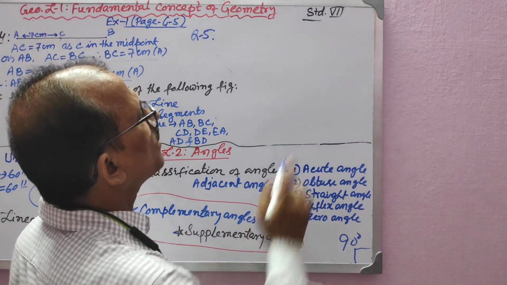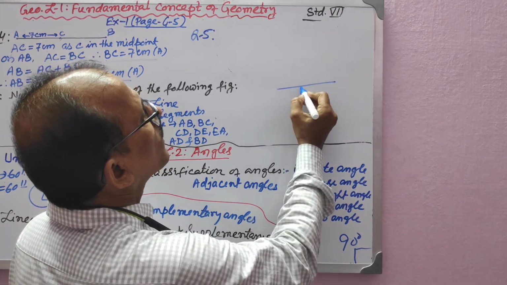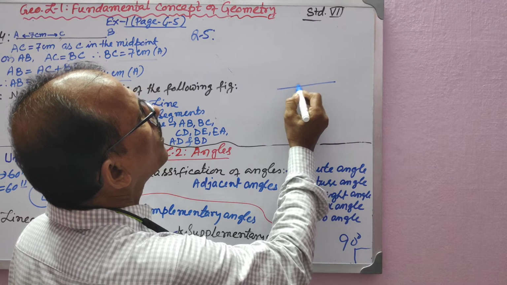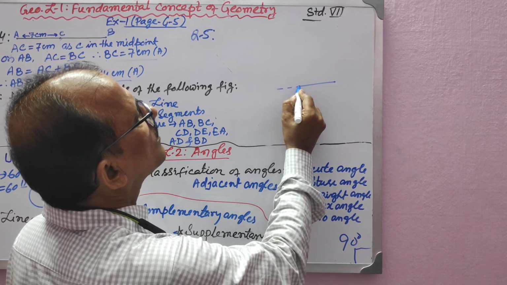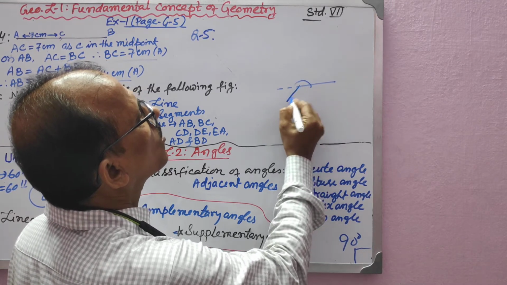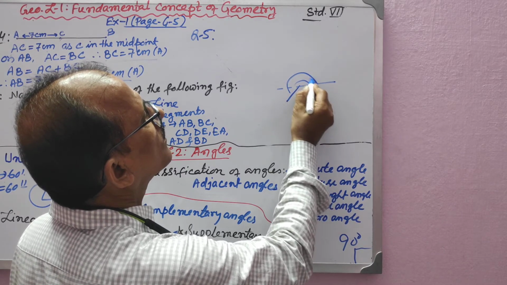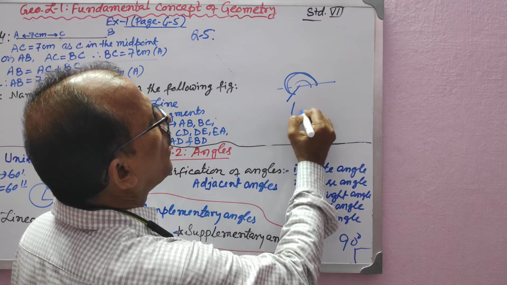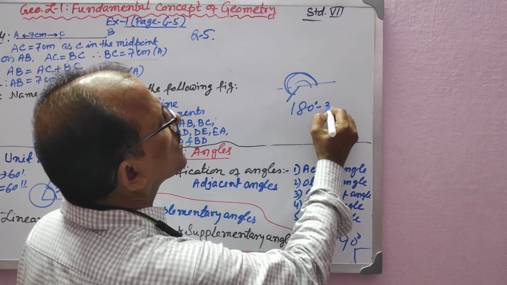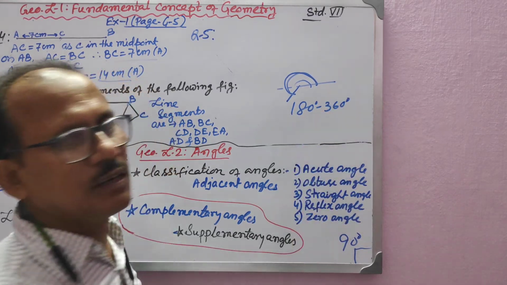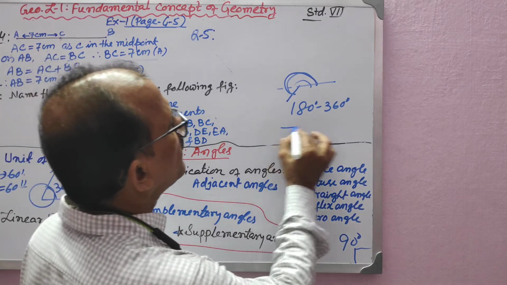Now reflex angle is what? See, this is the point. If this is the straight angle, then from this opening, 180 degree till 360 degree, all the angles are reflex angle. Zero angle is what?